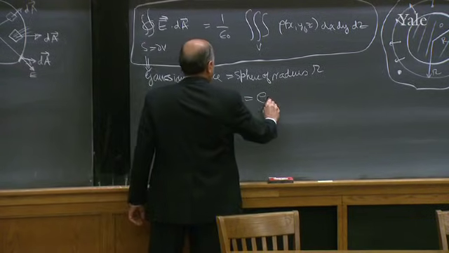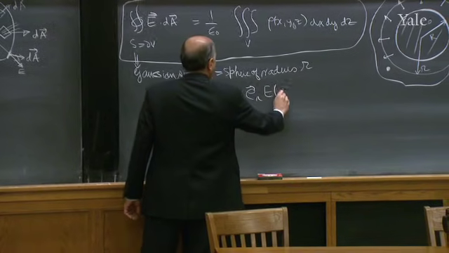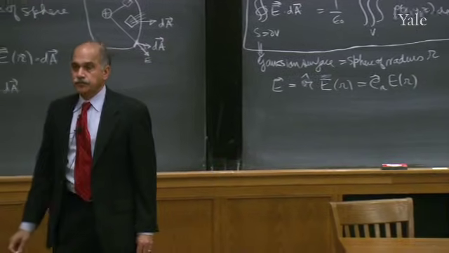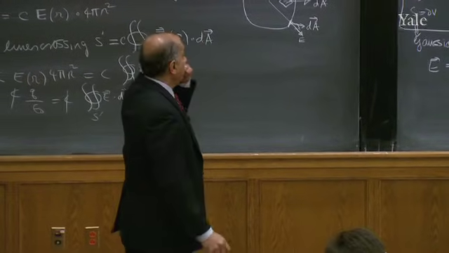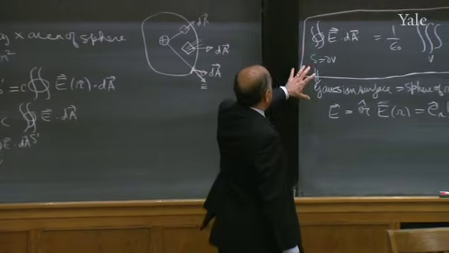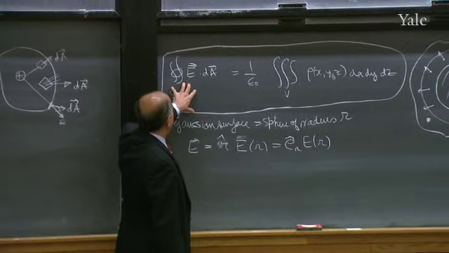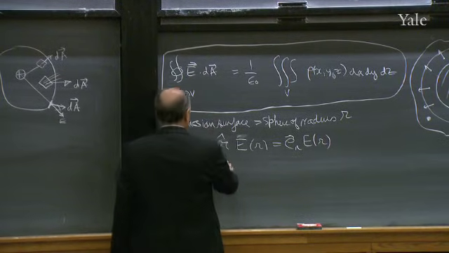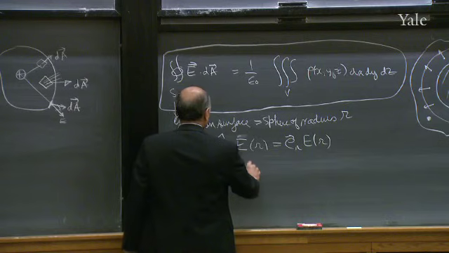Sometimes I also write this as E sub r times r hat. We just want to know what is E as a function of r. But now we can use Gauss's law. So the left-hand side is the surface integral of this radial E on a sphere of radius r. That's going to be E times 4 pi r squared.